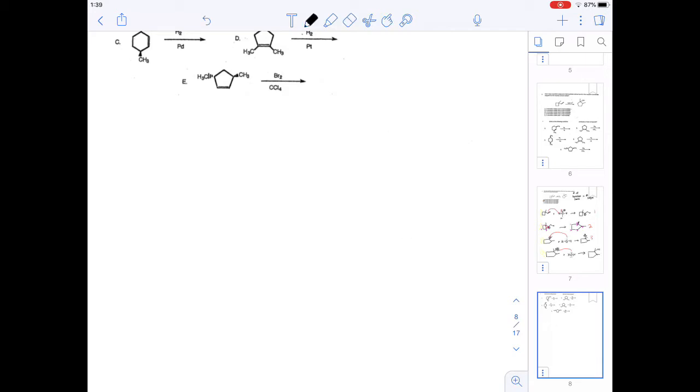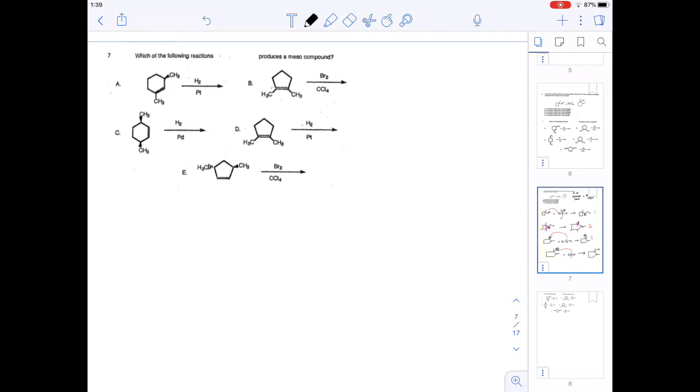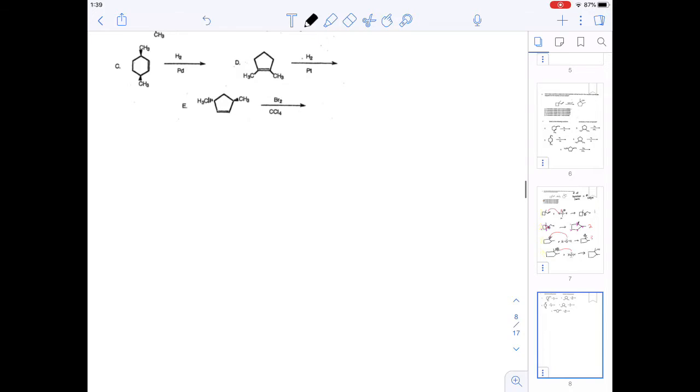Okie dokie. So I'm going to use one of the reactions actually in the problem just to save us some time. I'm going to go with B to use as the sample mechanism. So you have a double bond, you have two methyls. Obviously the methyls do not have stereochem when you have a double bond.